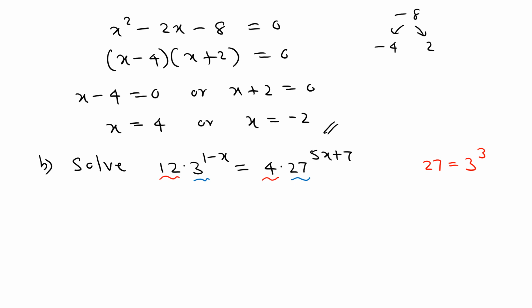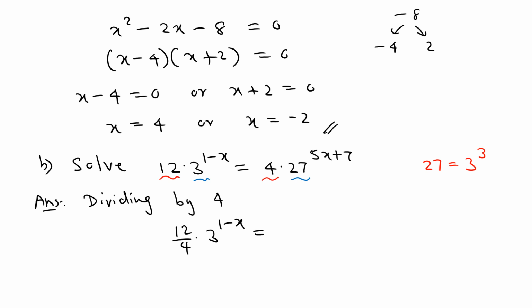The first thing we can do is divide both sides by 4. Dividing by 4, we can rewrite this as 12 over 4 times 3 to the 1 minus x. That's the first thing.